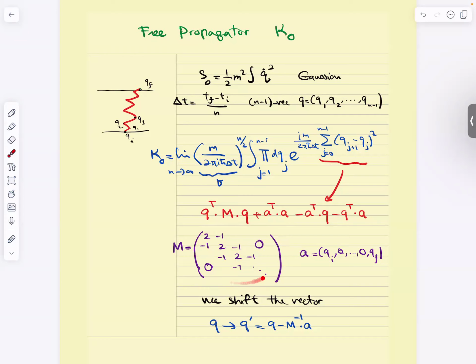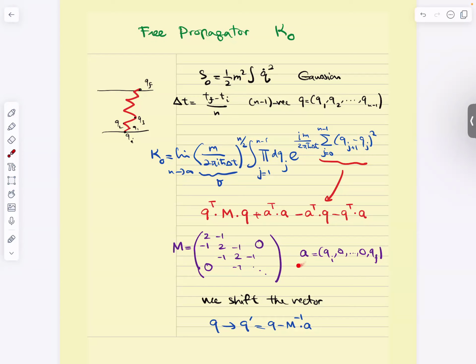But do you see that this q transpose M dot q comes from this? Okay, good. You see it. When you expand this, there are the cross terms, and then there are the diagonal terms. Okay, very good.